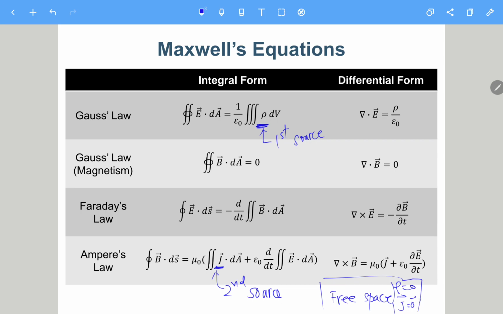For example, if you have a smartphone and you try to measure how it generates the EM wave, suppose this is the monitor and this is the other side.